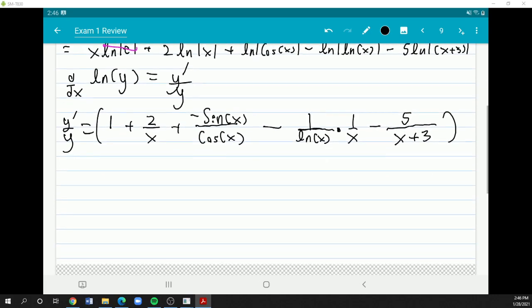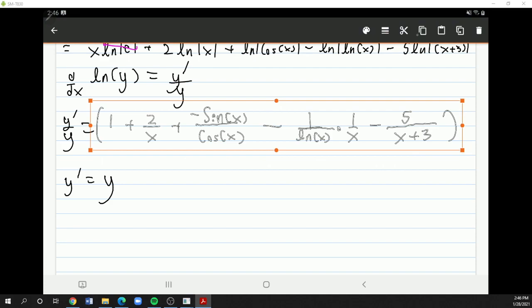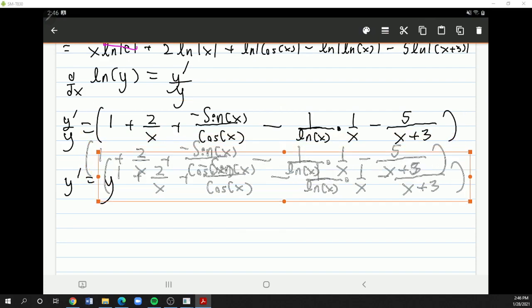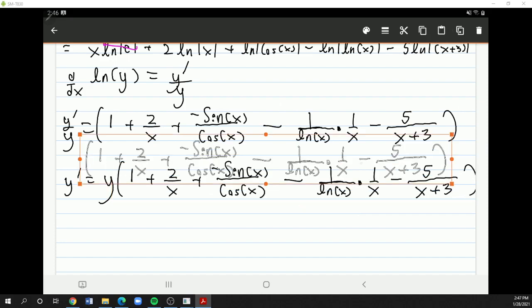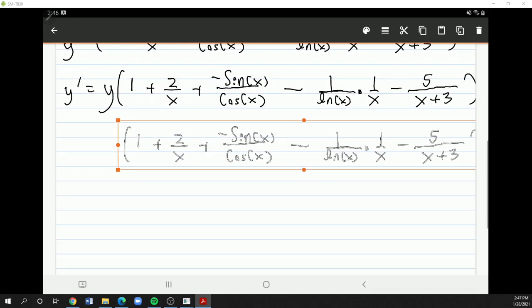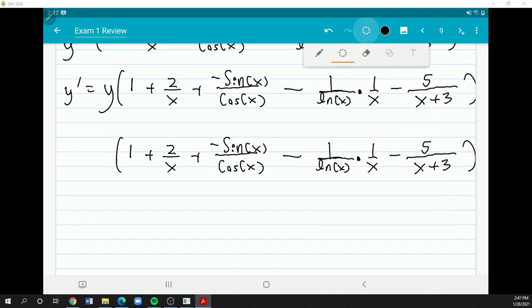So now the problem said we didn't have to simplify, so y prime is equal to y times all of this stuff, which with the power of technology, I can copy, paste, and then paste again because I'm going to need it. I don't have much room.